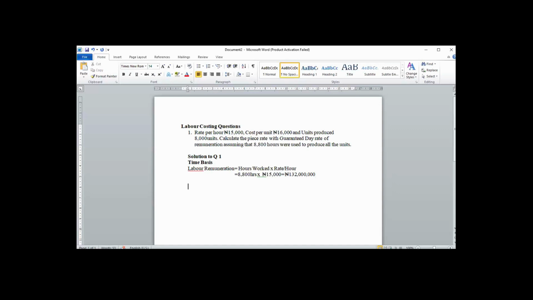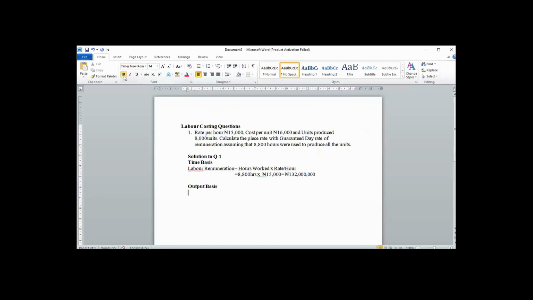Now, another basis. Output basis. Using output basis method, labor remuneration is equal to production unit times rate per unit, or quantity produced.